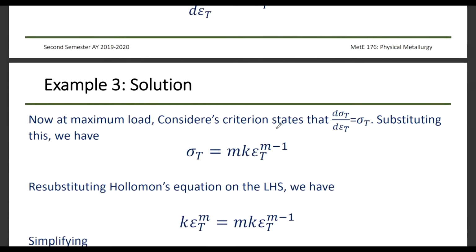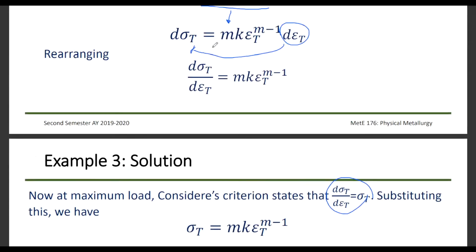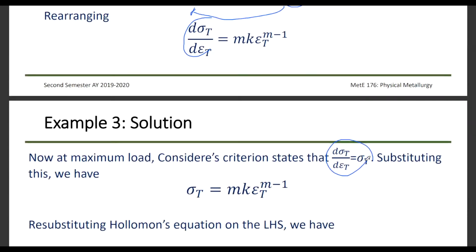Okay? Now let's input the Considère criterion, which states that, again, for necking or for the point of maximum load, equal lang tong ratio na to the true stress that it is experiencing at that particular point.